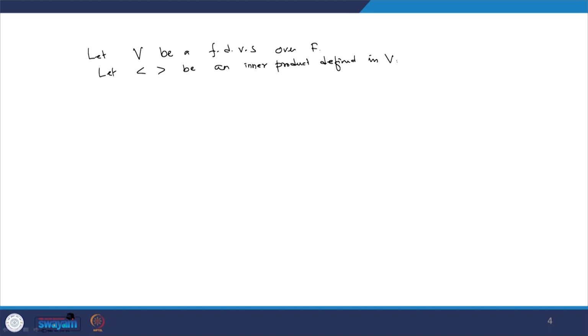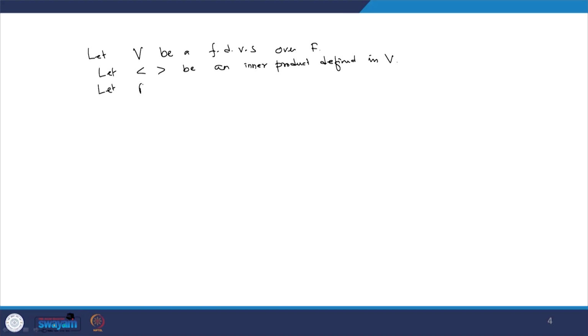Let me consider it like this. Let V be a finite dimensional vector space over the field F. Let this be an inner product defined in V. It is given to us.